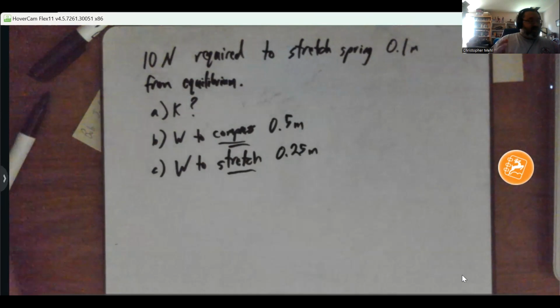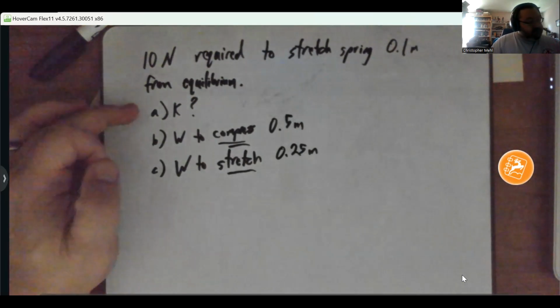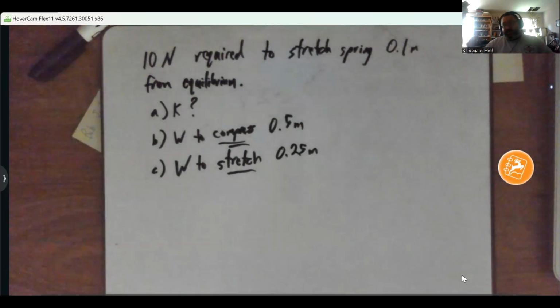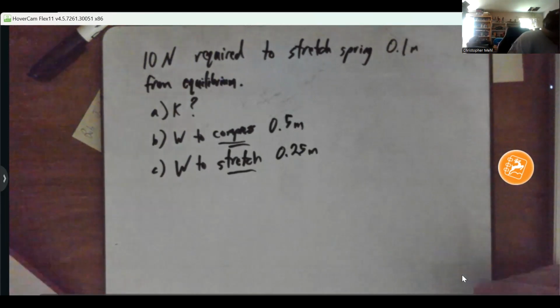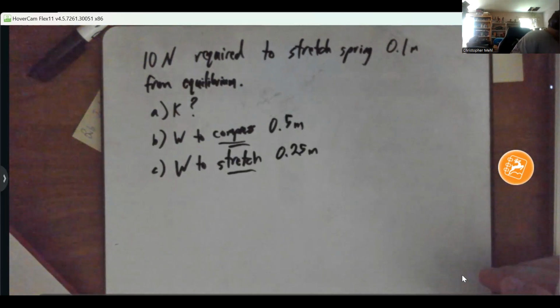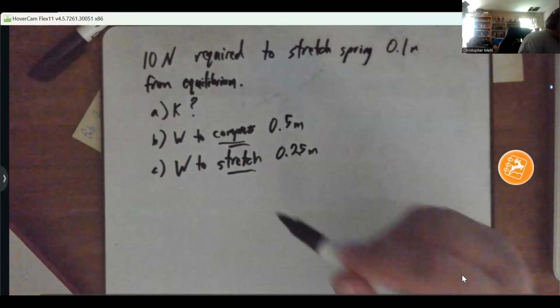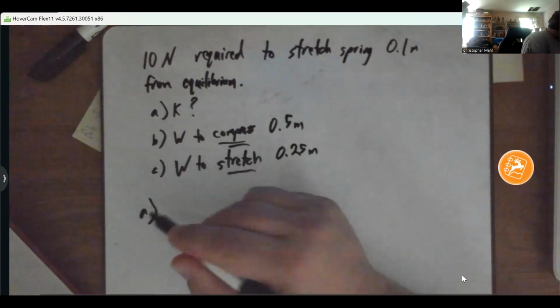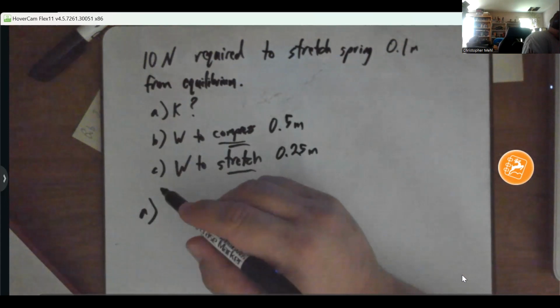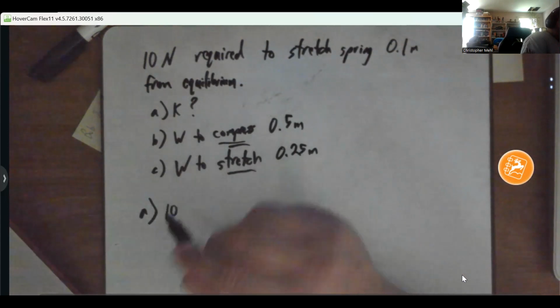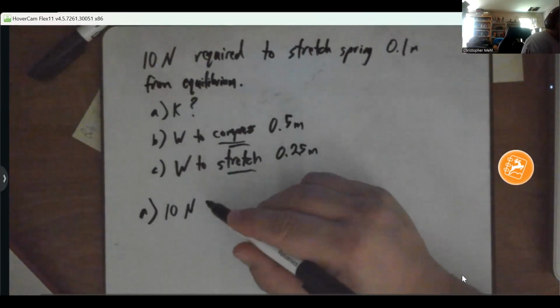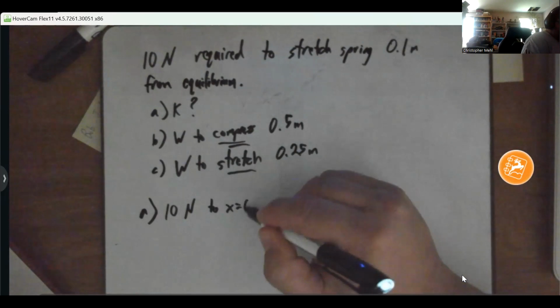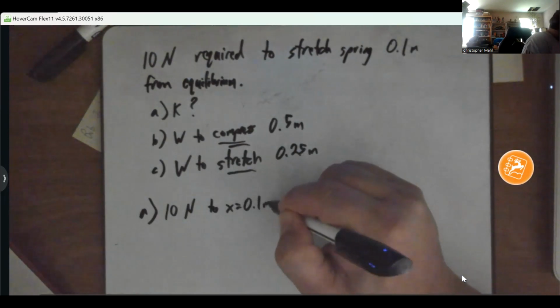The first thing we need to do to answer other questions is we need to know what k is. So assuming this spring obeys Hooke's law, we would want to figure out what k is. And so step one, we're doing part A here. We know that 10 newtons is the force to get to x equals 0.1 meters.